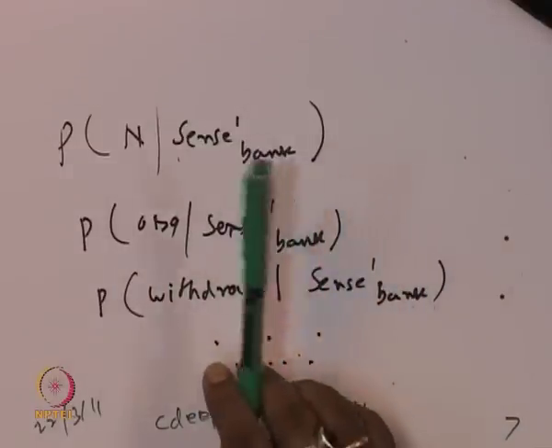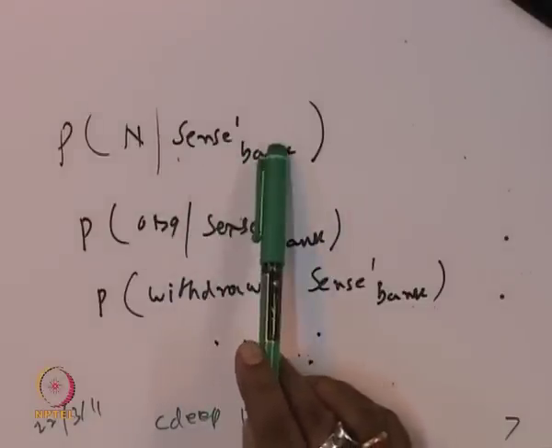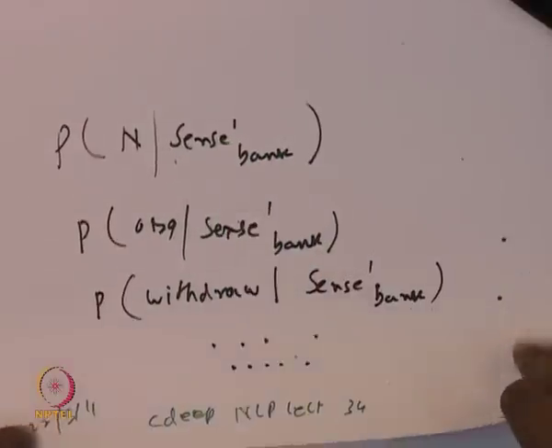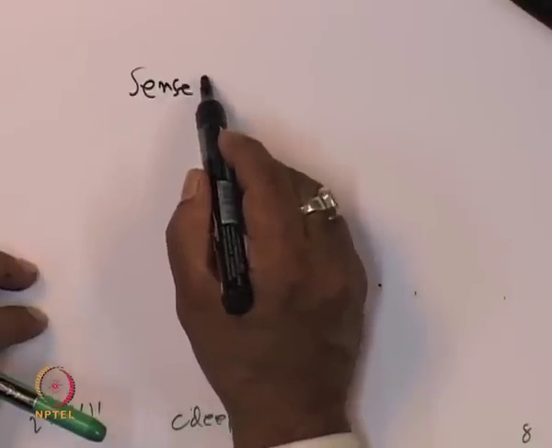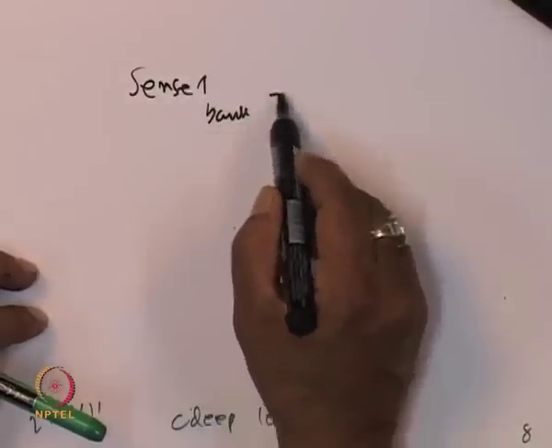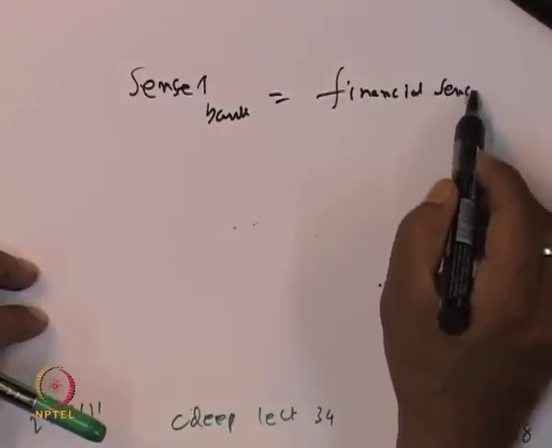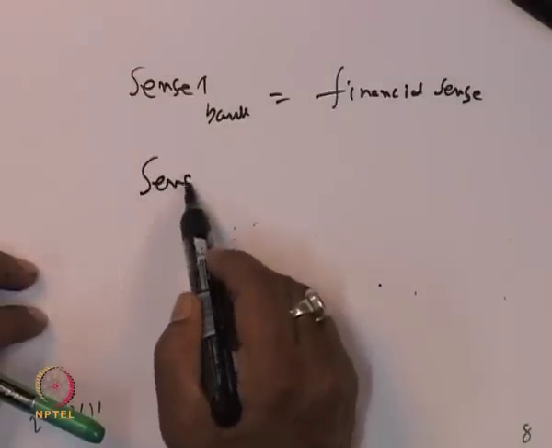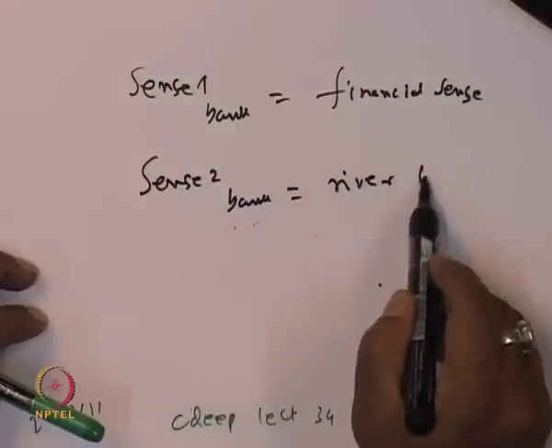Now, suppose we have the financial sense of bank. Okay. Financial sense of bank, sense 1 is that. This will become more clear when we write it down. So, suppose sense 1 of bank is the financial sense, and we also have sense 2 of bank, which is the river bank sense.